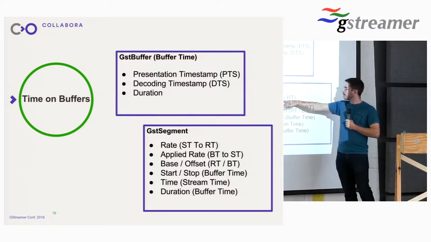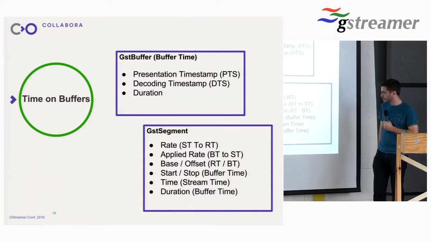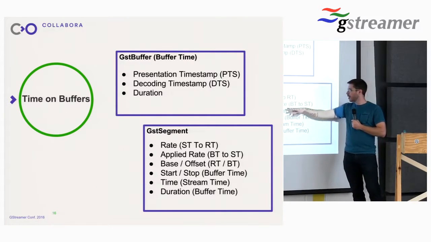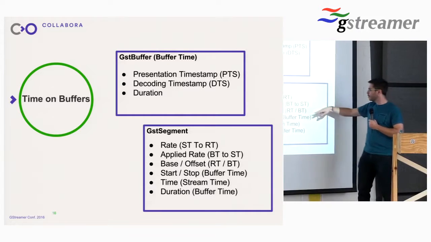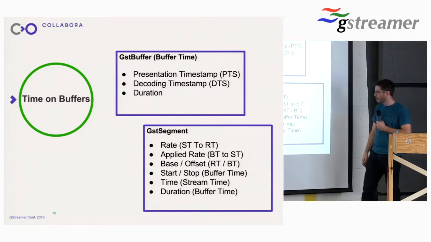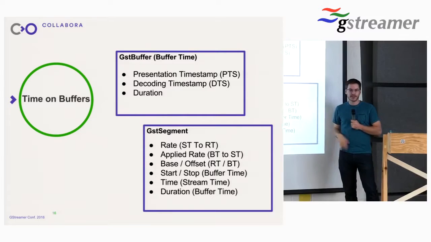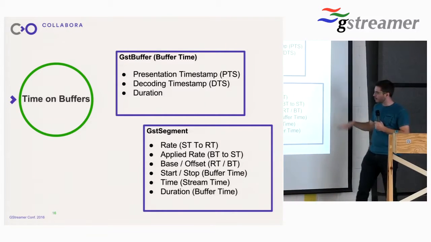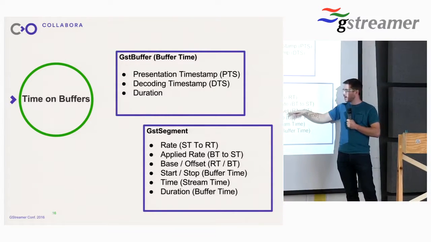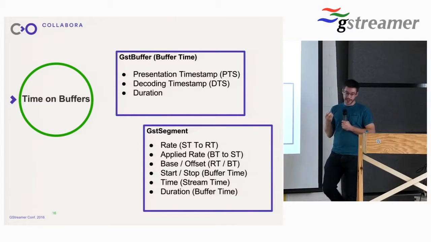If you look at the rate, this rate lets you convert from stream time to running time, or the opposite. The applied rate is a rate between buffer time and stream time. Base and offset: the base is actually in running time, but the offset is in buffer time. Just as a historical aspect, everything in GStreamer in terms of time is an unsigned integer.